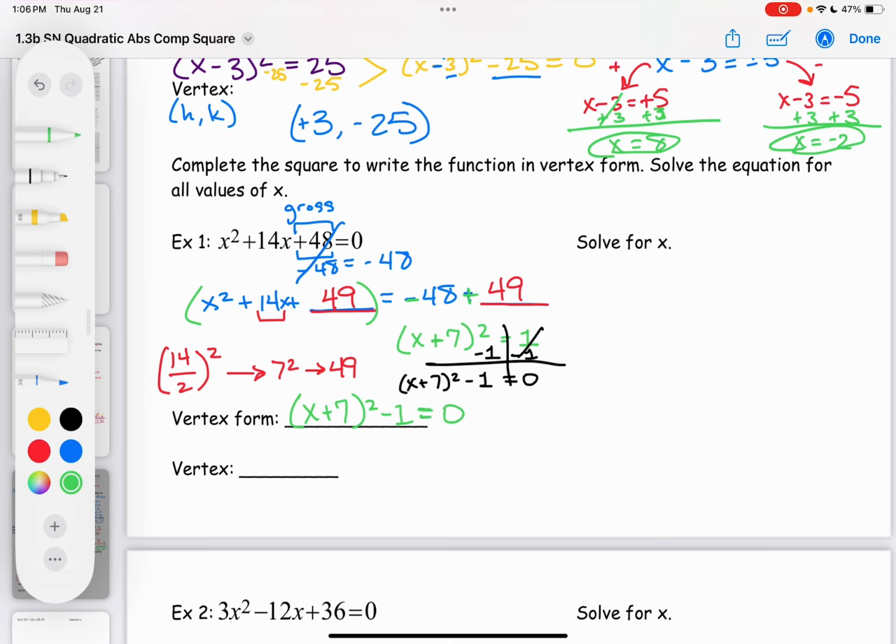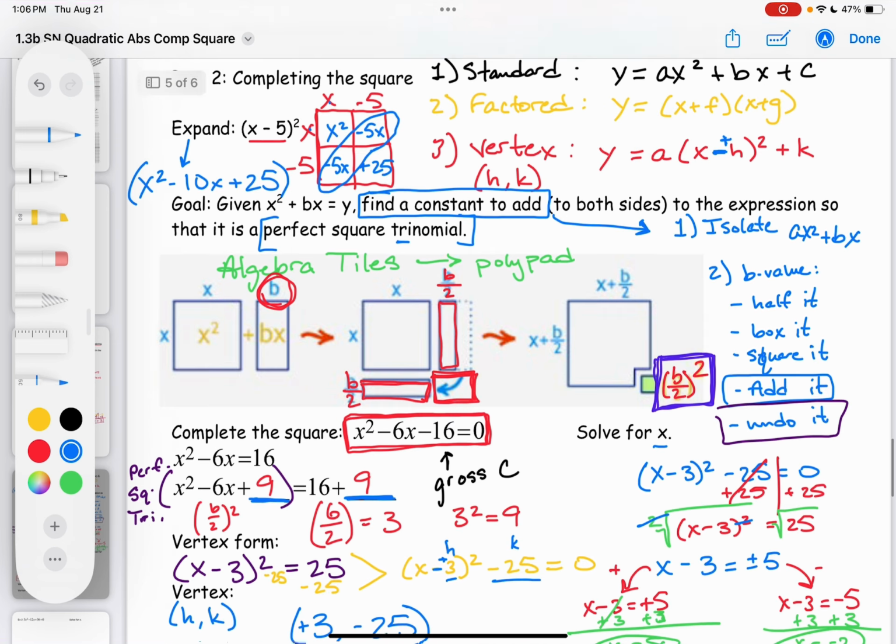And so why do I like vertex form? Because it's got my h and my k. Now, the vertex is negative 7, negative 1. And that might seem confusing. You're saying in your head right now, out loud, maybe, it's positive 7. How did you get positive 7 and turn it into a negative 7? It goes back to the original.